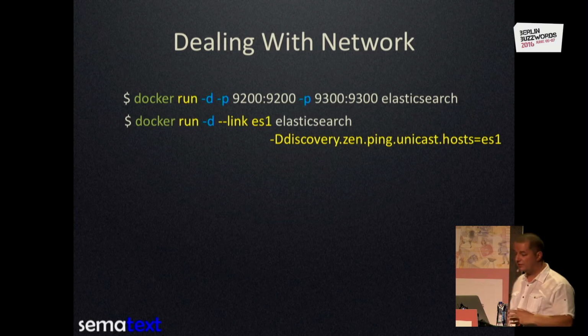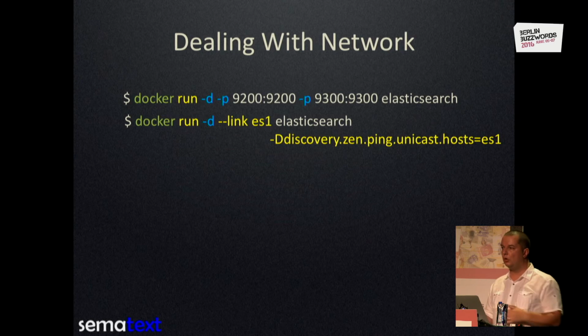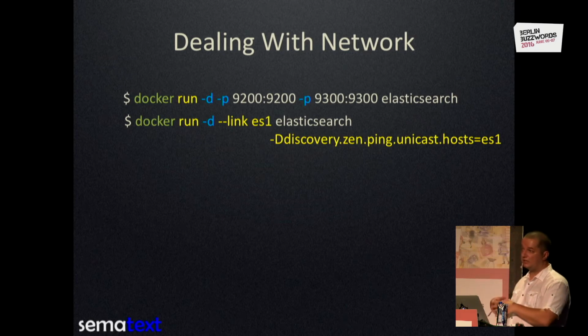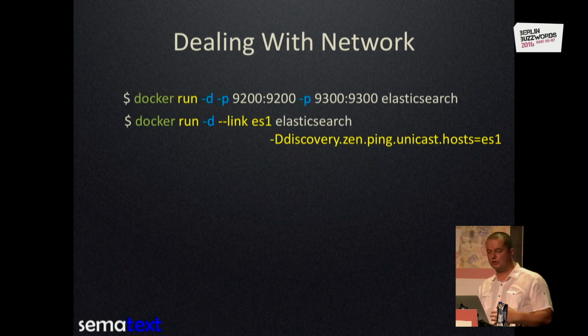And we specify the zen unicast hosts for the container to actually know which Elasticsearch node to connect to. Here it would connect to ES1, meaning that they would actually create a cluster when starting, and when the discovery kicks in, Elasticsearch connects them.